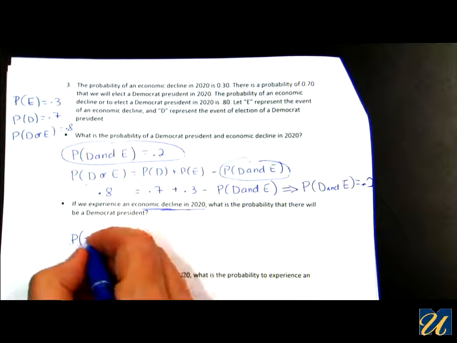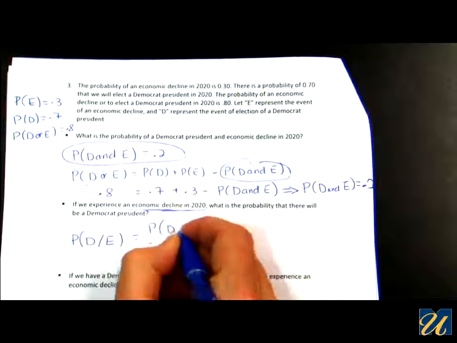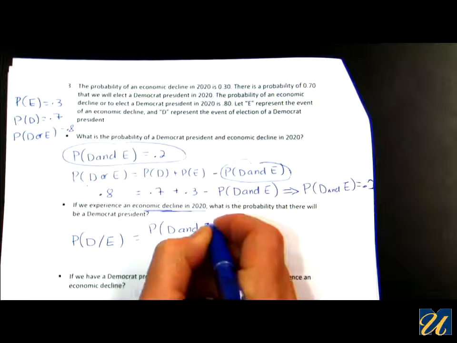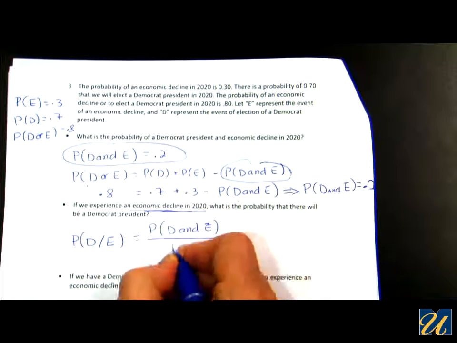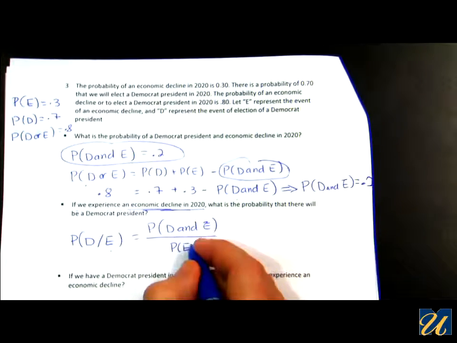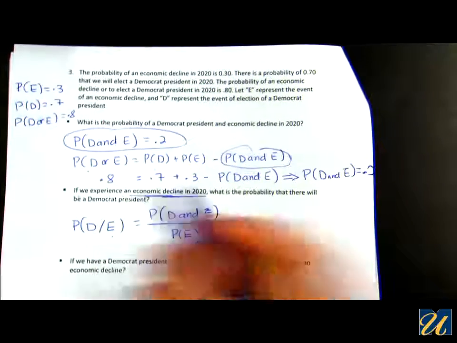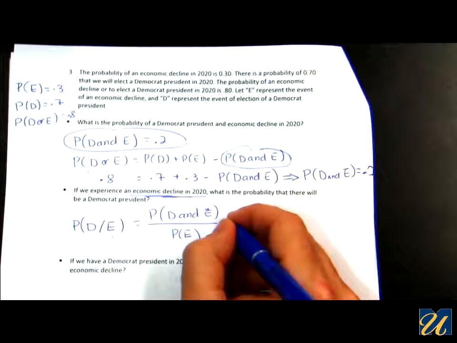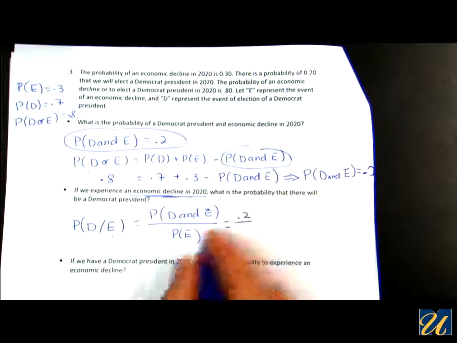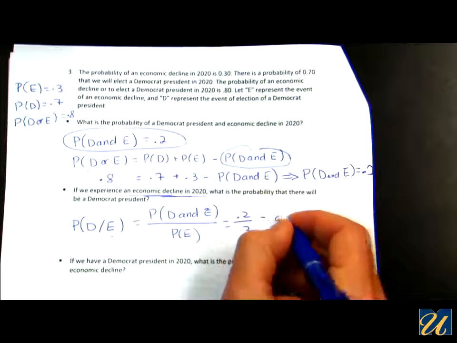So therefore, D given E. This is going to be equal to the probability of D and E over the probability of whatever event has already occurred, in this case, of economic decline. So D and E, do I have it? Yes, I just calculated, it is 0.2. Probability of E is 0.3. So this is going to be 0.667.